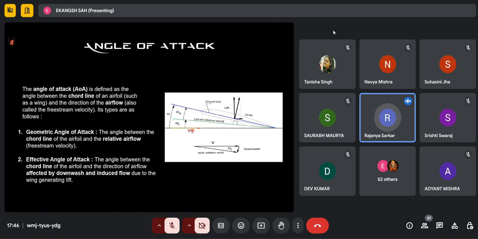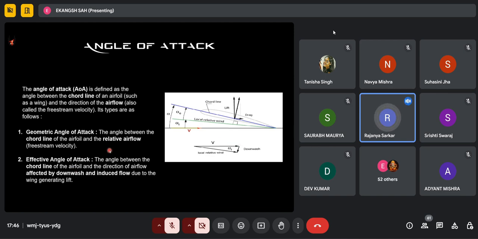Basically, if you think about the asymmetric airfoil, it doesn't produce zero lift if we place the airfoil in the direction of the relative wind. It produces a significant amount of lift. So, in order to counter this, we have to change the orientation of the mean chord to a negative geometric angle of attack.